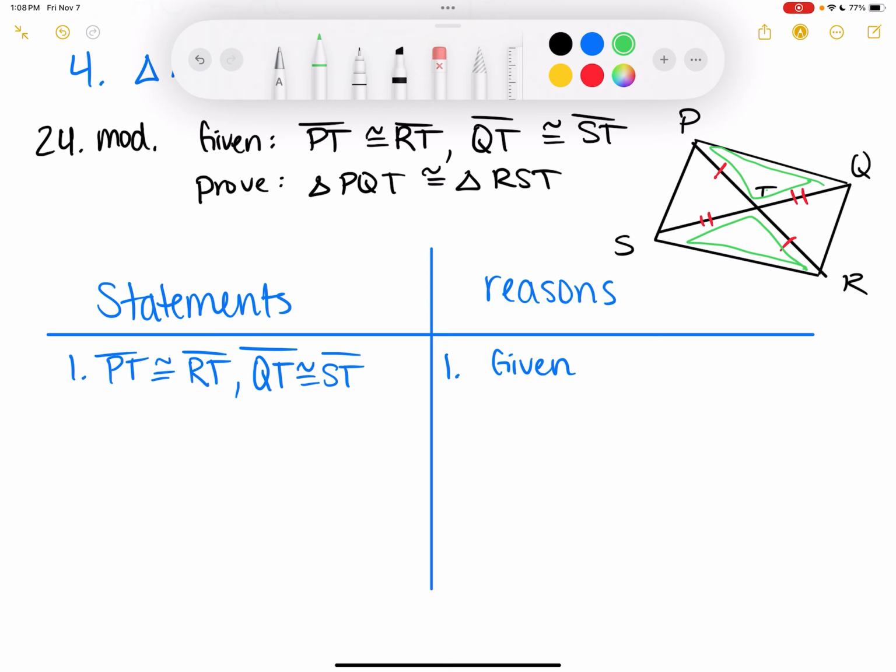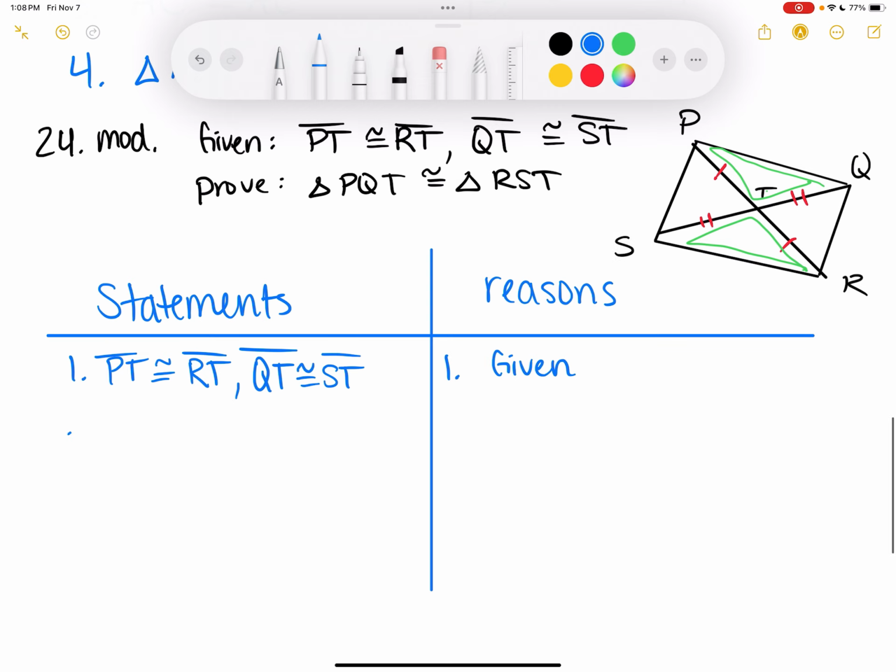Yep, the vertical angles theorem. So we would say that angle QTP is congruent to angle RTS. Some combination of that. It could be PTQ or STR. As long as the T is in the middle, it's fine.